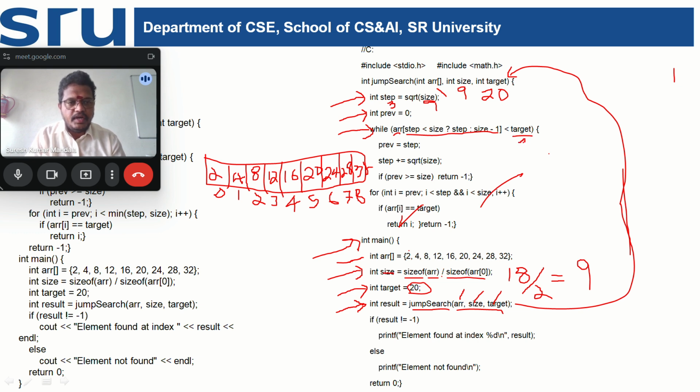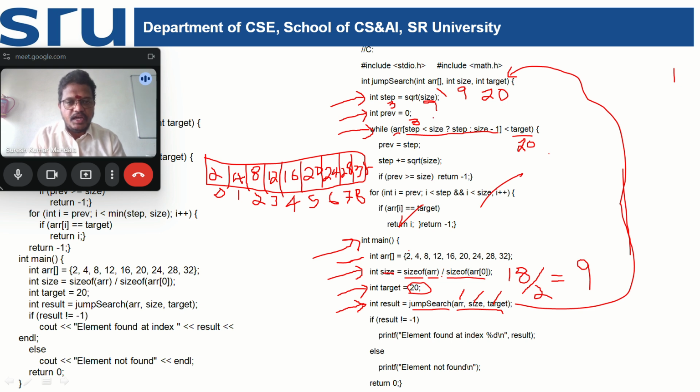The target value is 20. Which value we have to compare here, we identify by using this step. What does the step consist of? The step has the value 3.